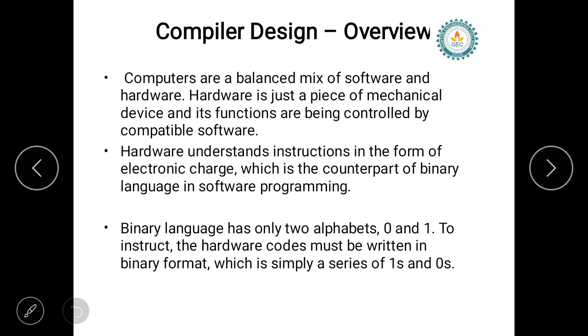Binary language has only two alphabets, 0 and 1. To instruct the hardware, code must be written in a binary format, which is simply a series of zeros and ones. Here the computer is an electronic device, and it can understand only binary languages.